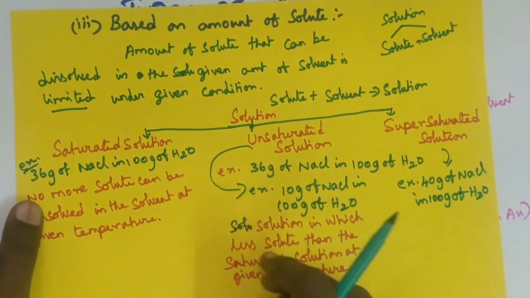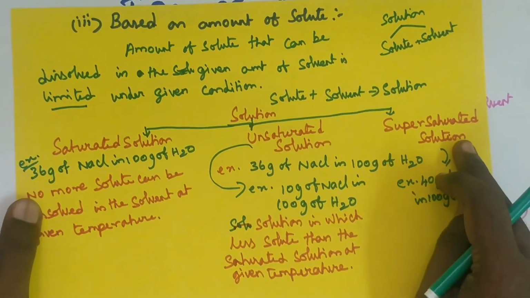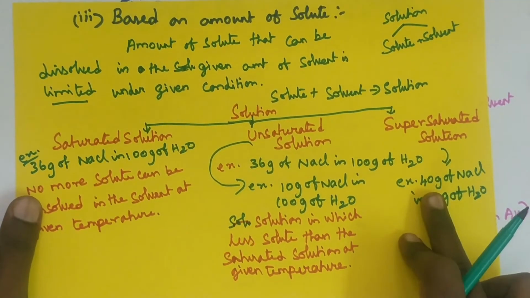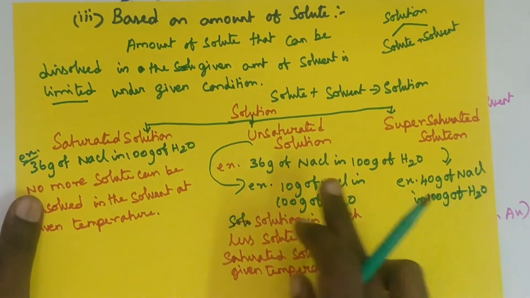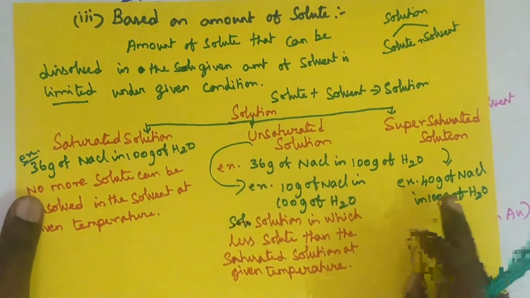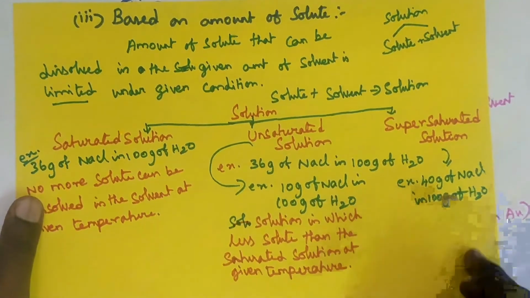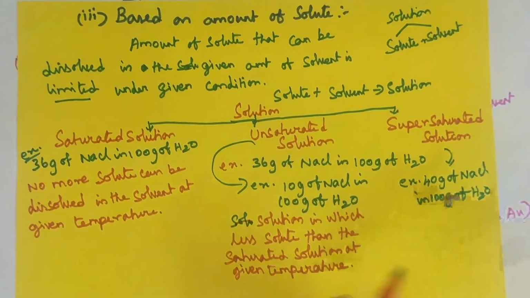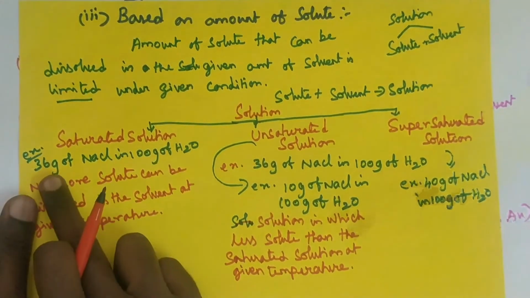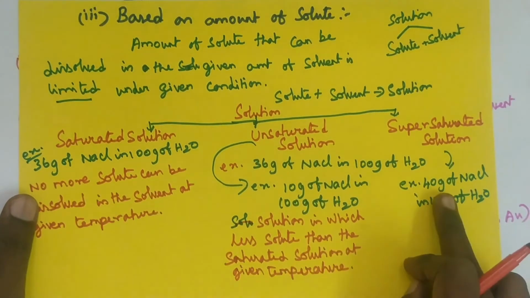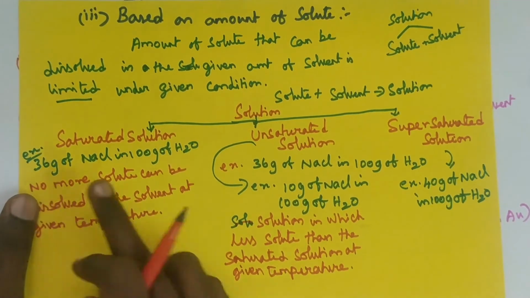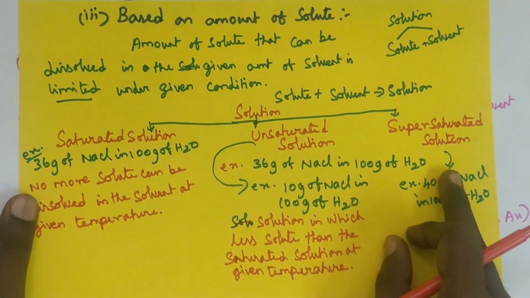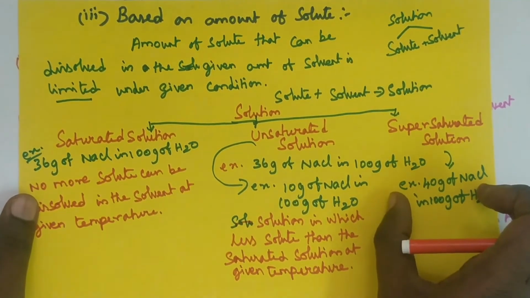That means it remains settled down at the bottom. In case of supersaturated solution, they mention 40 gram of NaCl in 100 gram of water. That means solute remains undissolved and settled down at the bottom. Compared with the saturated solution, saturated is 36 gram. In case of supersaturated is 40 gram. So solute concentration here is more.